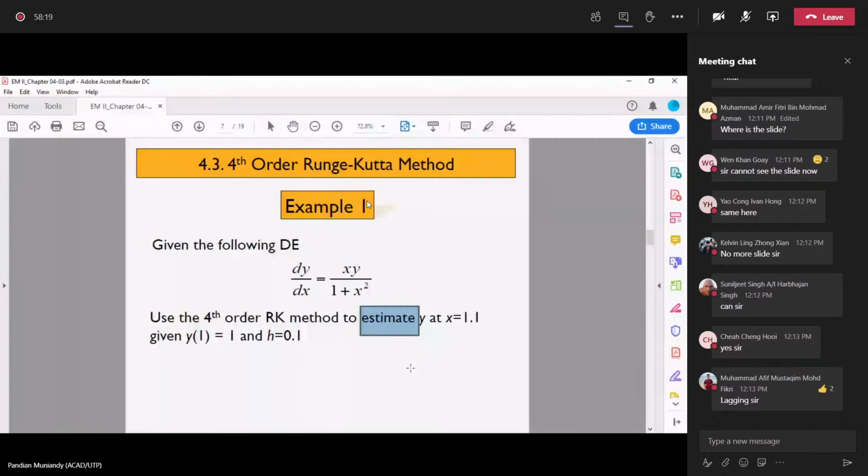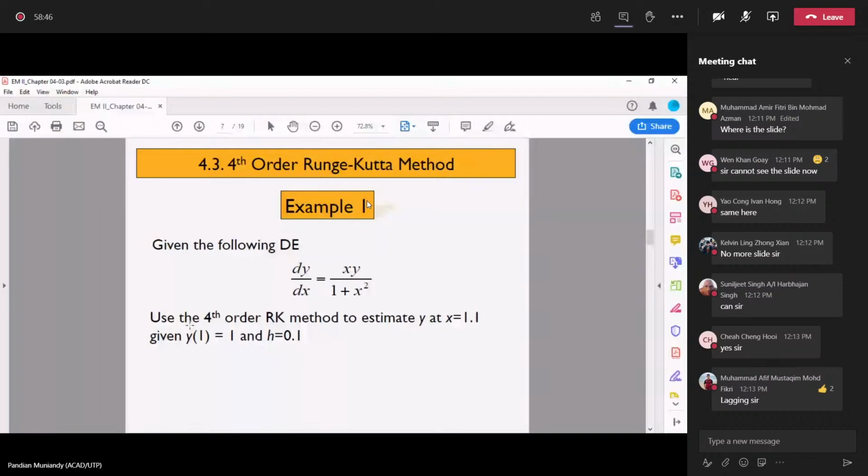What is the meaning, class? Meaning is you are given the value y1 equals 1. This means when x is 1, the h is 0.1. When x is 1, your y is 1. This is already known. When x is 1.1, what is your y? We do not know yet.